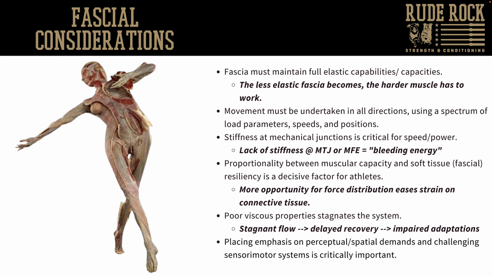So if we see that, that is a different protocol than somebody who, like we mentioned at the top, is losing their elastic properties. Elasticity and stiffness are essentially polar opposites. So even within just the fascial considerations here, we can see a difference in programming schematic based on those two things.